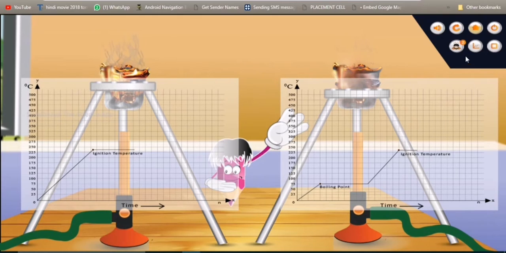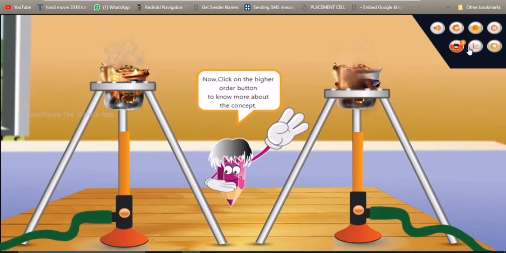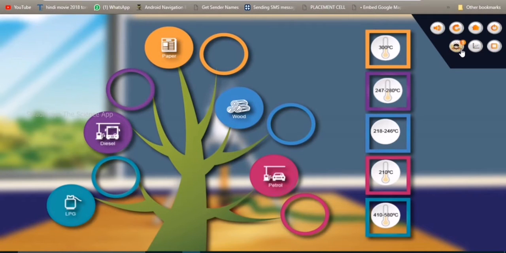Let's go to the next. Now click on the higher order button to know more about the concepts. We have one analyzer button here. Let's look at it. Here I have one worksheet, a drag and drop worksheet. It can be done by using drag and drop, based on the temperature produced by the object.